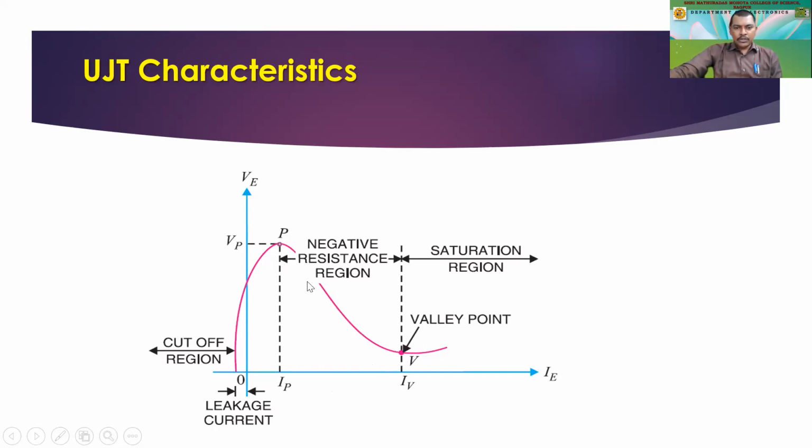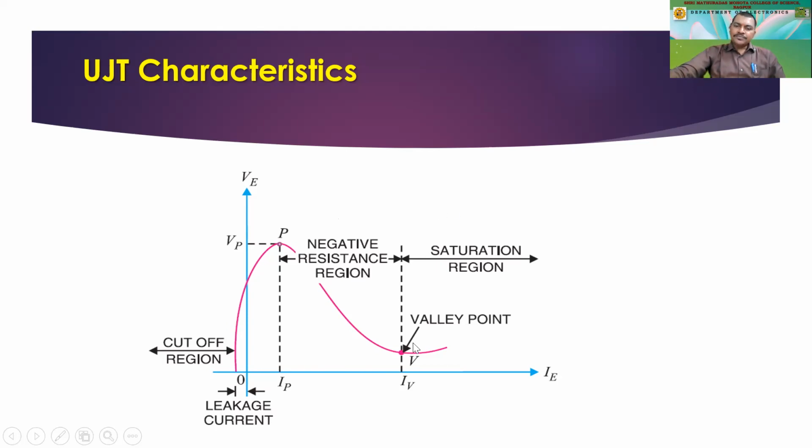So this particular region we call the negative resistance region. We can define this as the region where the voltage across the UJT decreases and the current through it increases.